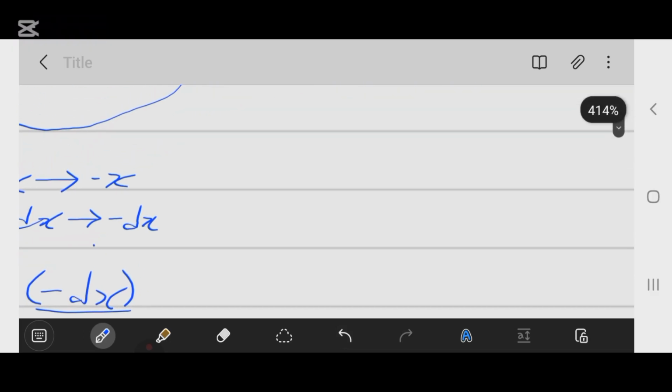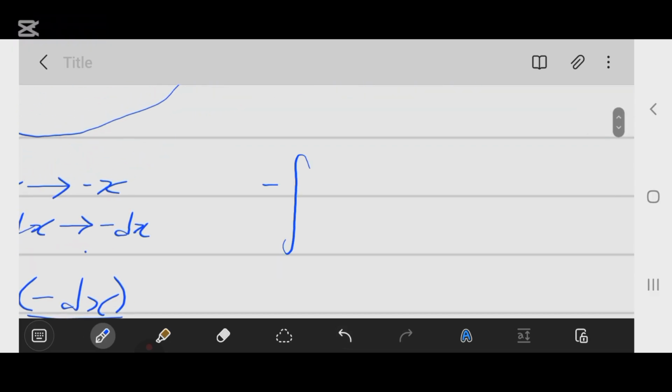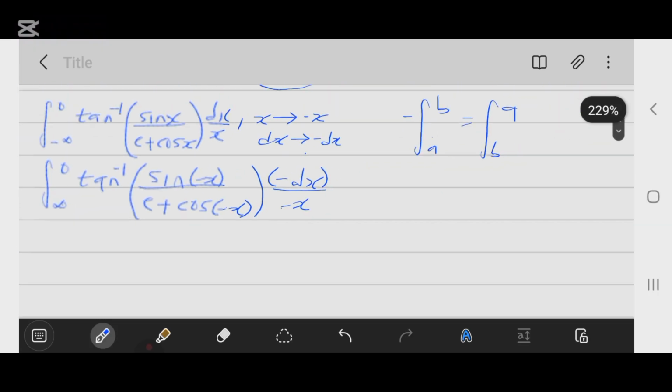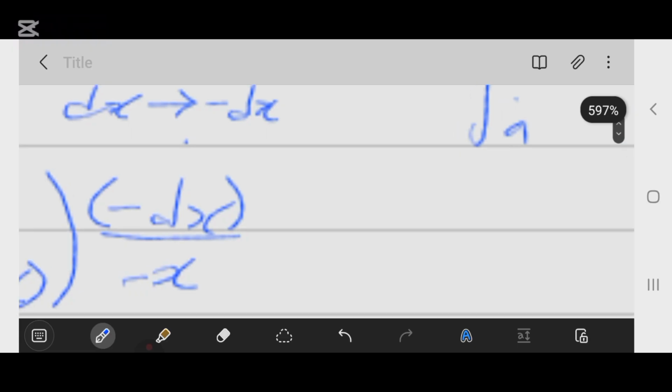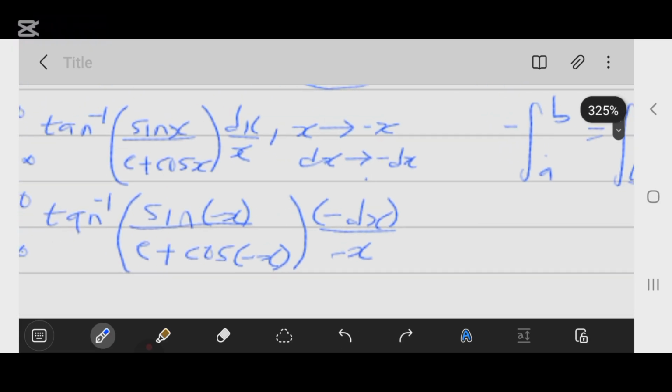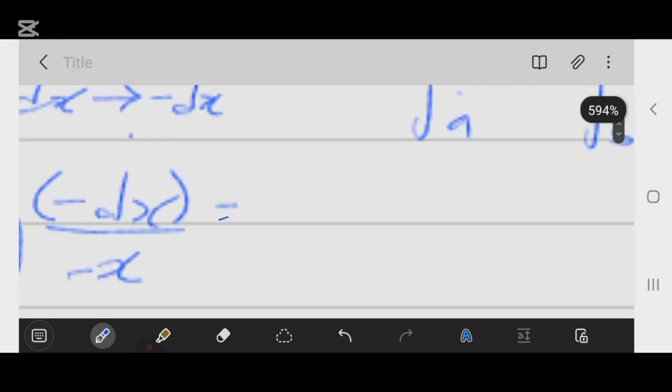Remember that when a minus sign multiplies an integral, it changes its interval. So I'll use the negative sign here to interchange the interval of this integral.